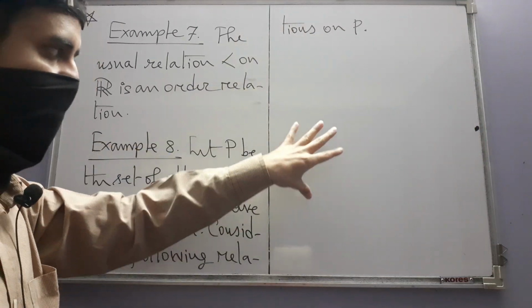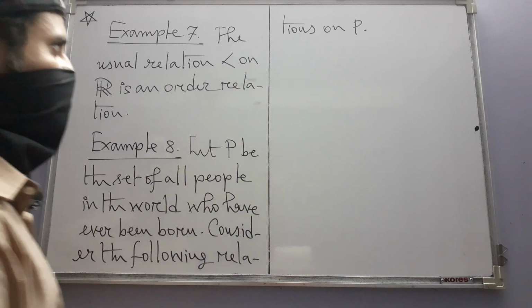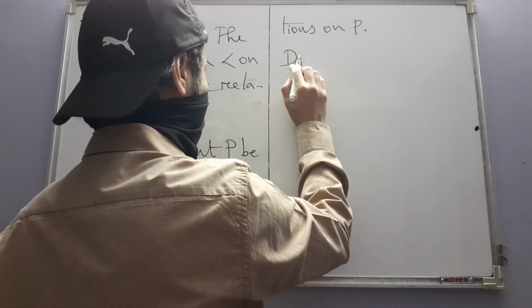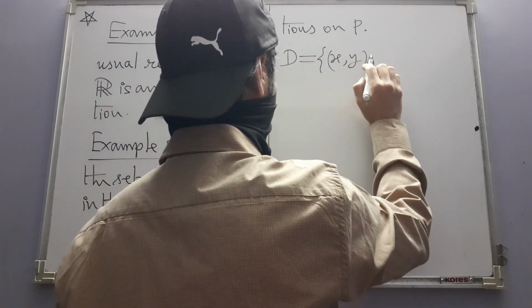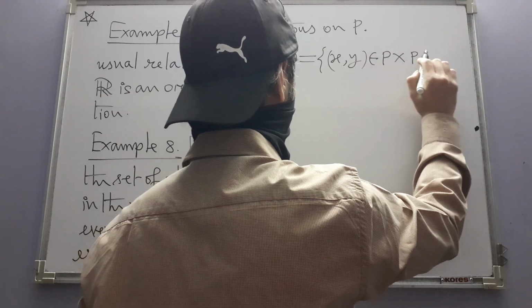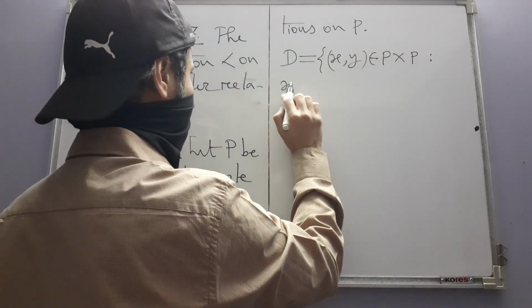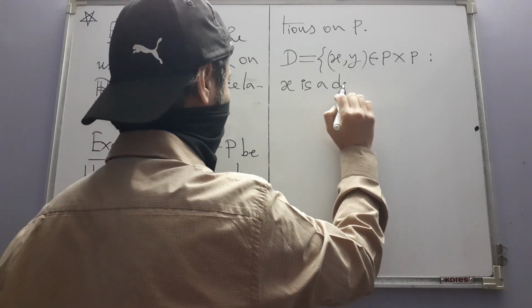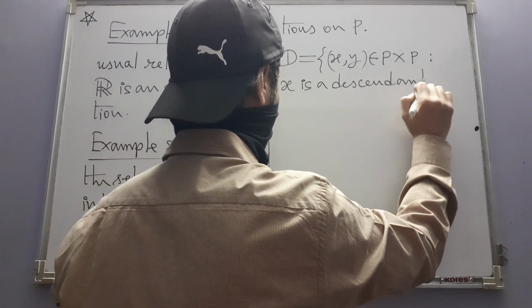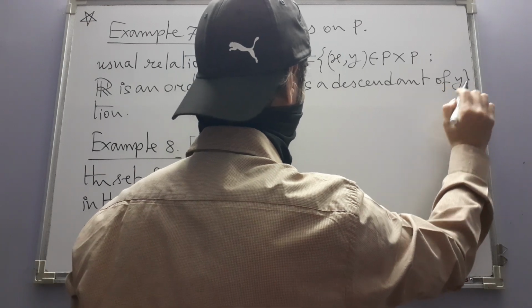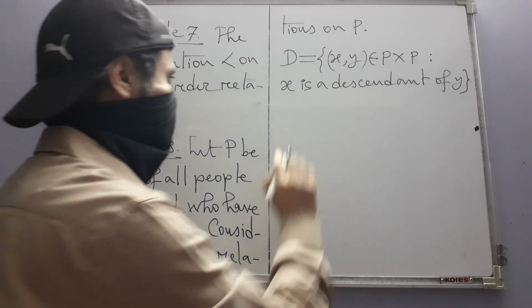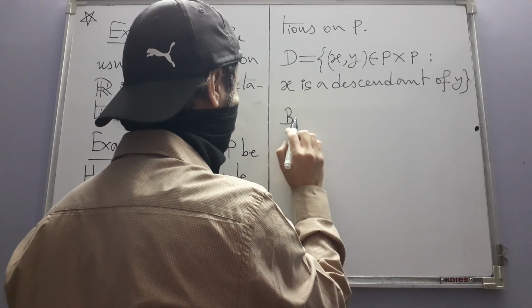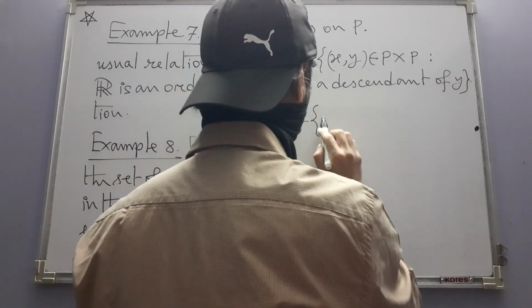On P itself means that the relation will be a subset of P times P. First we have D. It's the set of all ordered pairs of human beings such that X is a descendant of Y. Accordingly, this relation is being given the name D, descendant relation. Then we have B, blood relation.